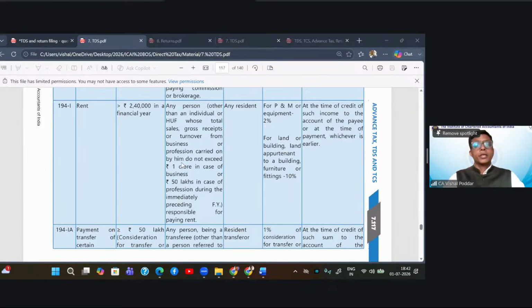Harshal is also saying it is 50,000 in my study mat. Harshal, beta, which section you are seeing? I don't think in any study mat in 194I it is 50,000. Gayatri, you please confirm because you also mentioned 50,000. Is 194I giving the limit of 50,000?